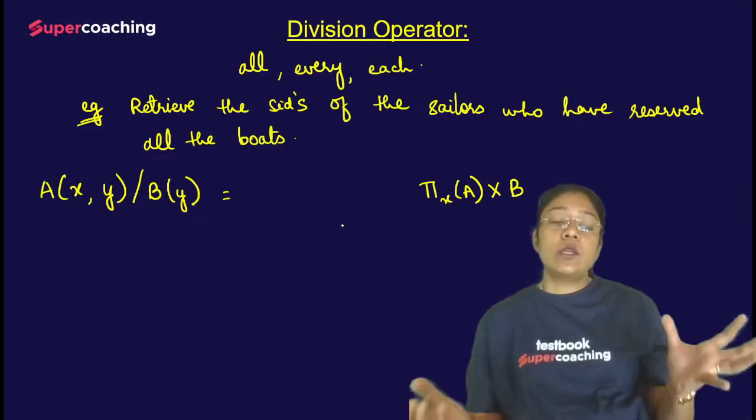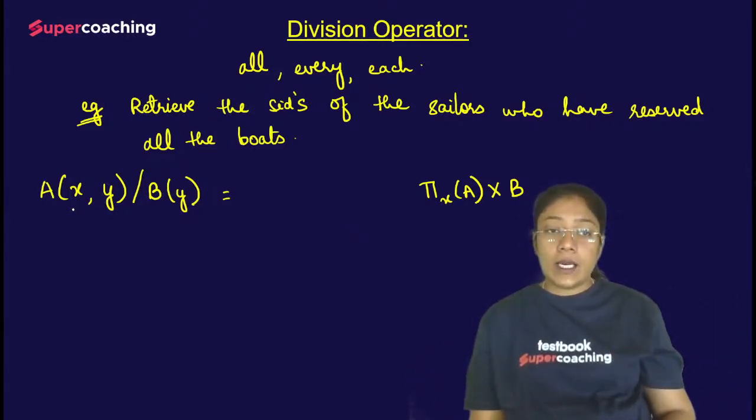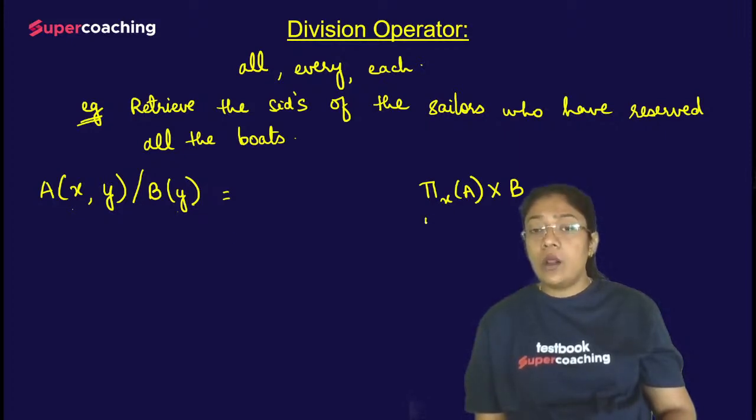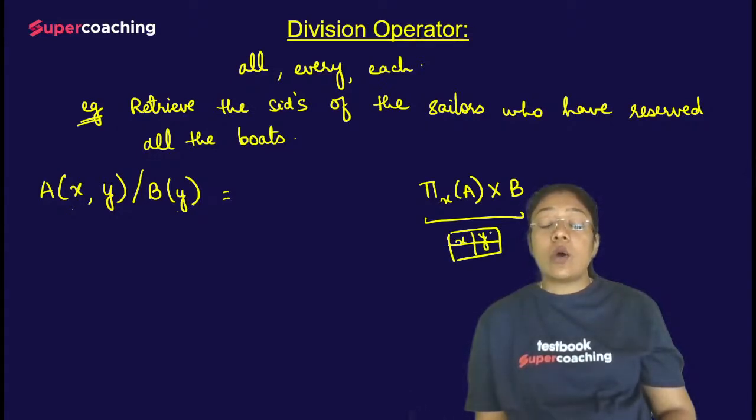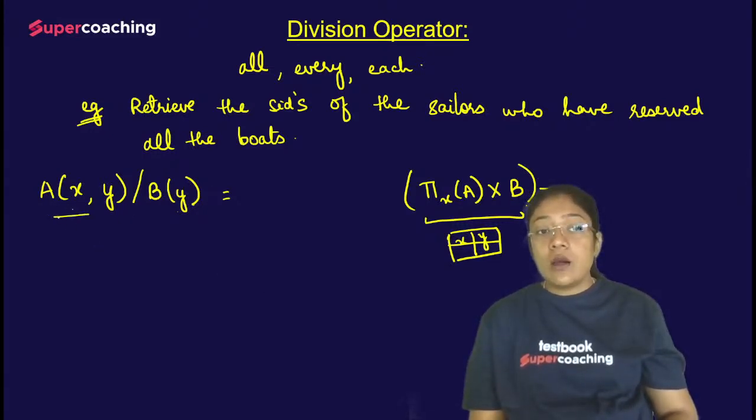So when you are returning this, we are getting one attribute, so we will get a table which has the attributes X and Y. This cross product returns all the possible combinations, right? First we take the cross product, and after that we subtract the values which are available in the first instance.